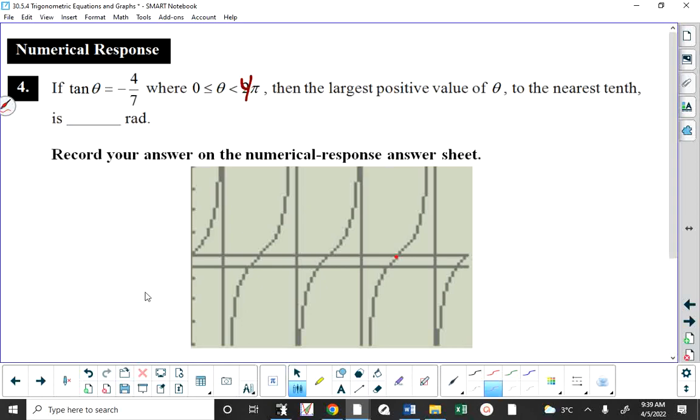All of these 4 points where the line -4/7 intersects with tangent of x are solutions. So what's the biggest one? This one. If you find the x coordinate of that point, that's the answer.